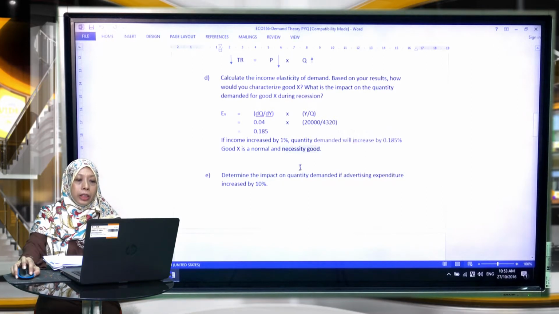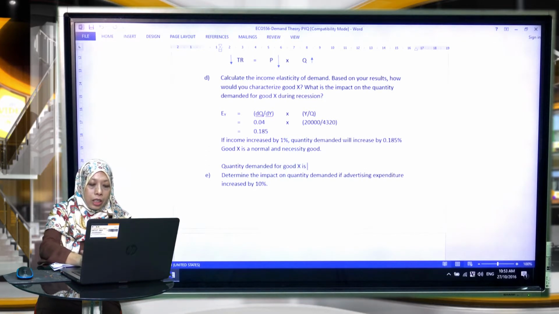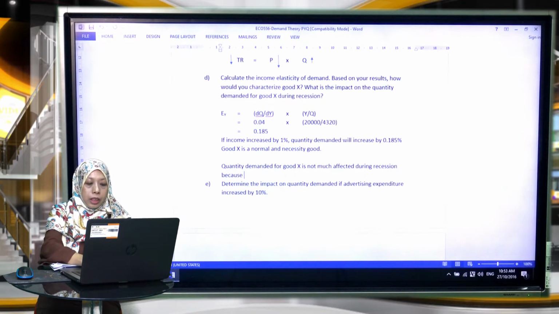So even though it's a recession, the quantity demanded for good X wouldn't be much affected, simply because the product is a necessity.